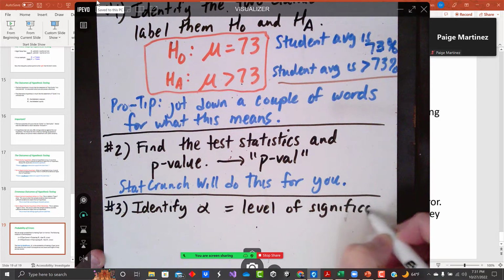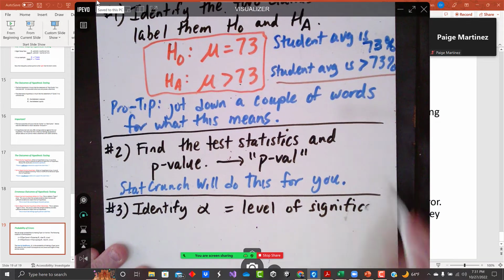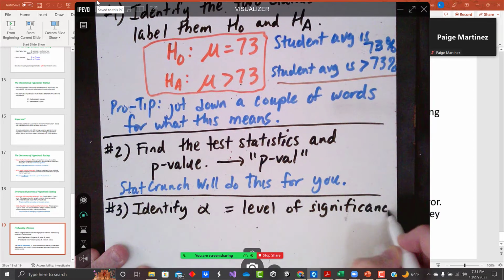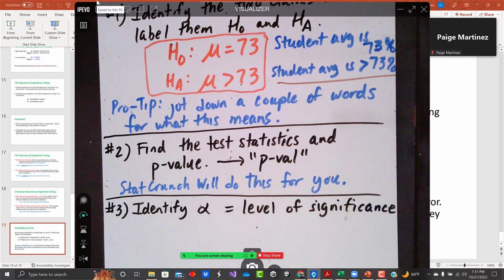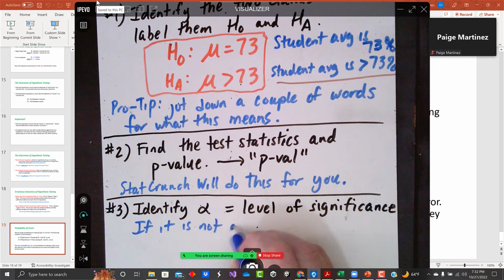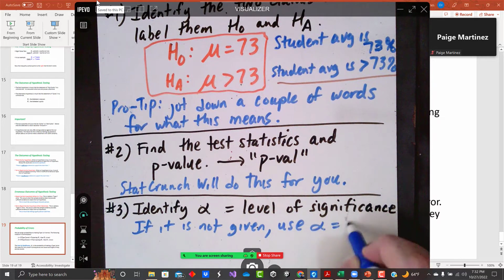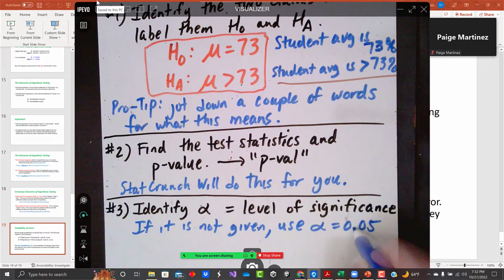I should have told you that in the last section. The problem will either tell it to you, or if it is not given, use alpha equals 0.05, our default setting.